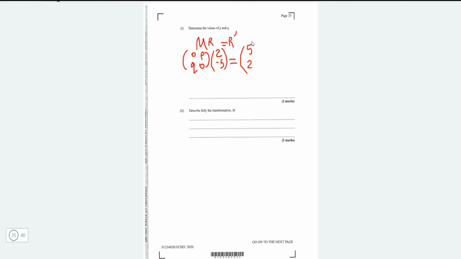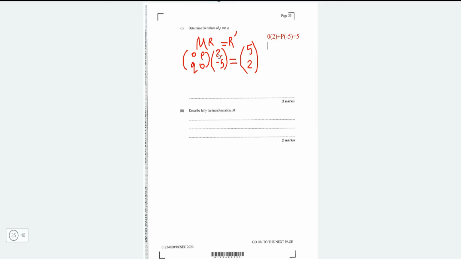So this is going to lead to a simultaneous equation, where we know the matrix multiplication is row by column. That leads to 0 times 2 plus P times -5, and that is equal to 5.